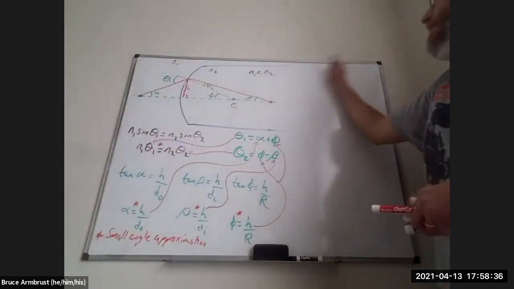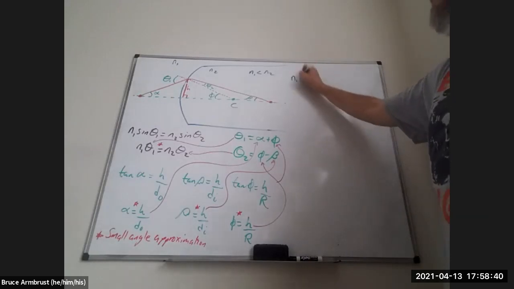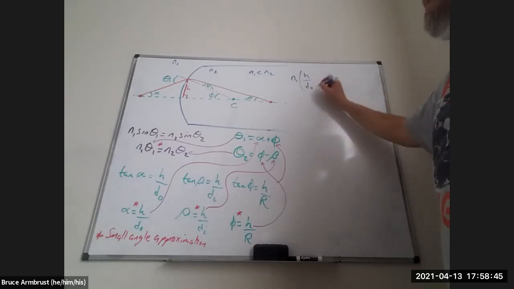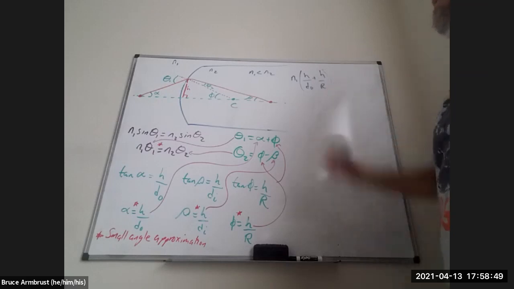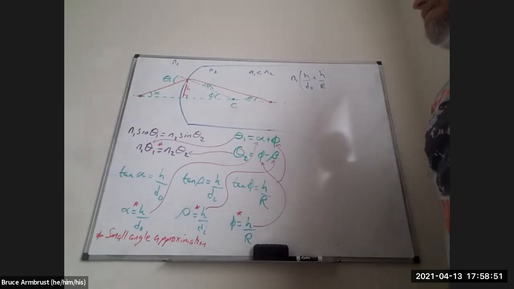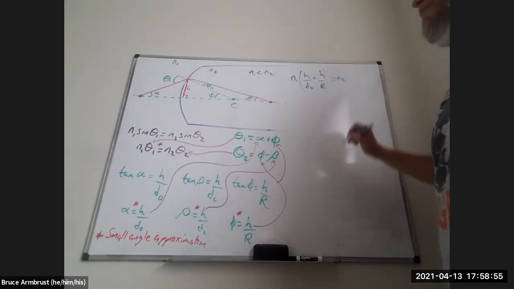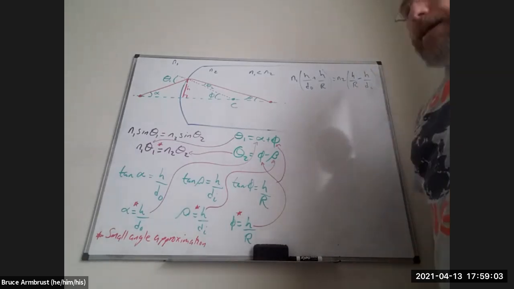So what that gives me is N1 times h over dO plus h over R. That was my alpha plus phi. That's going to equal N2 times h over R minus h over dI.